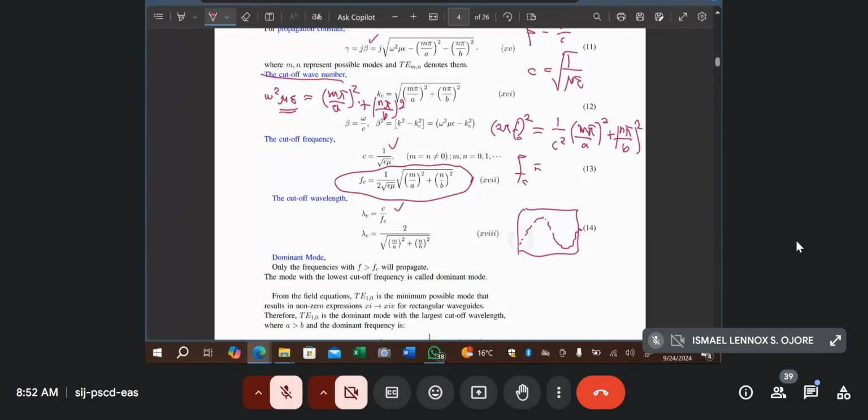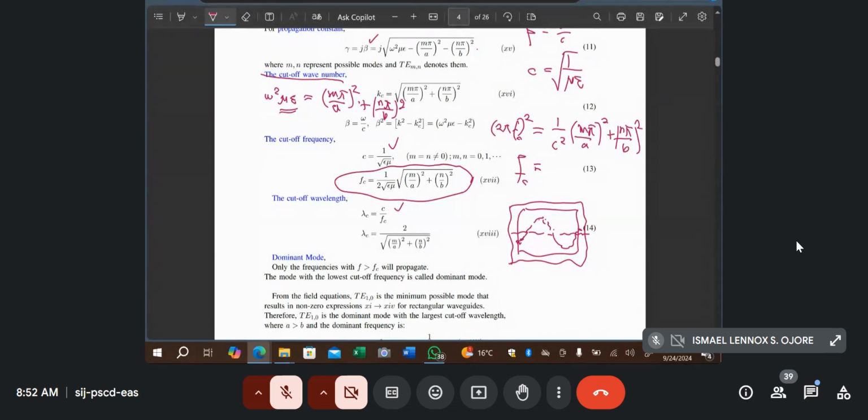If you have a larger wavelength, then it will be going beyond the size of this waveguide. So it means you are going to lose some of your signals, so there's going to be attenuation. So it's the maximum that can propagate within the waveguide.